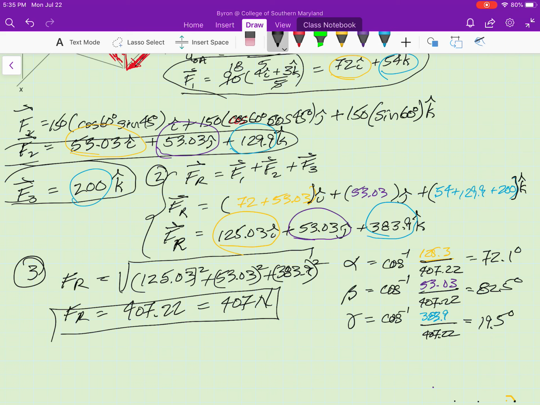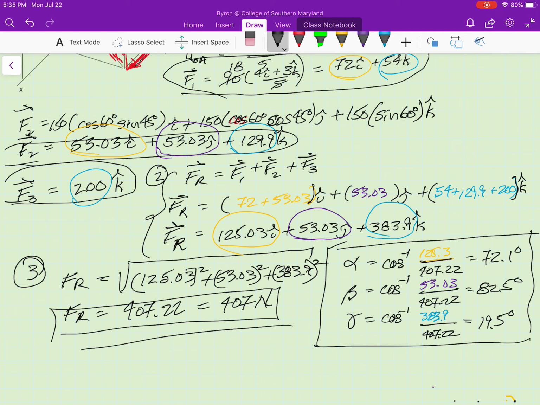So here are the coordinate direction angles of the force resultant, and here is the magnitude of the force resultant, and that's what the problem asks for.